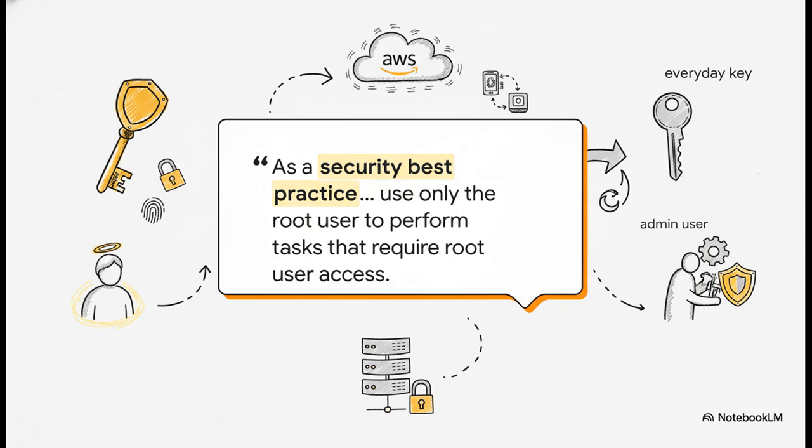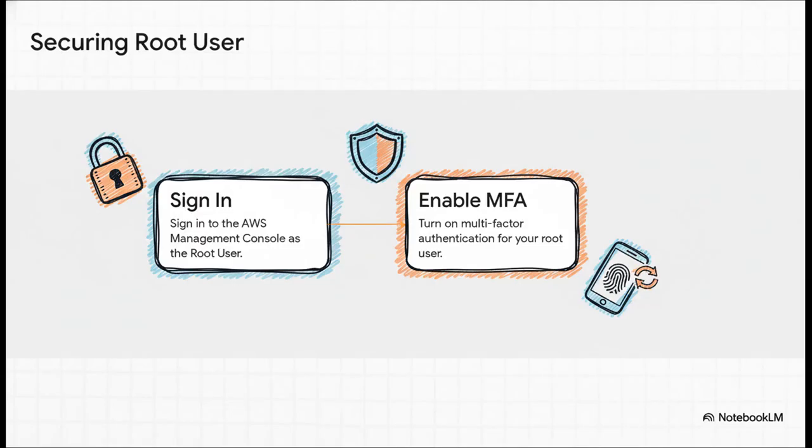Hey, and this isn't just me saying this. This comes straight from the horse's mouth, the official AWS documentation. They make it crystal clear you should only use the root user for the very specific tasks that absolutely require it. Let me say that again. It's not for building things, it's not for deploying code, and it's definitely not for your day-to-day work. So how do we lock it down? It's a simple two-step deal.